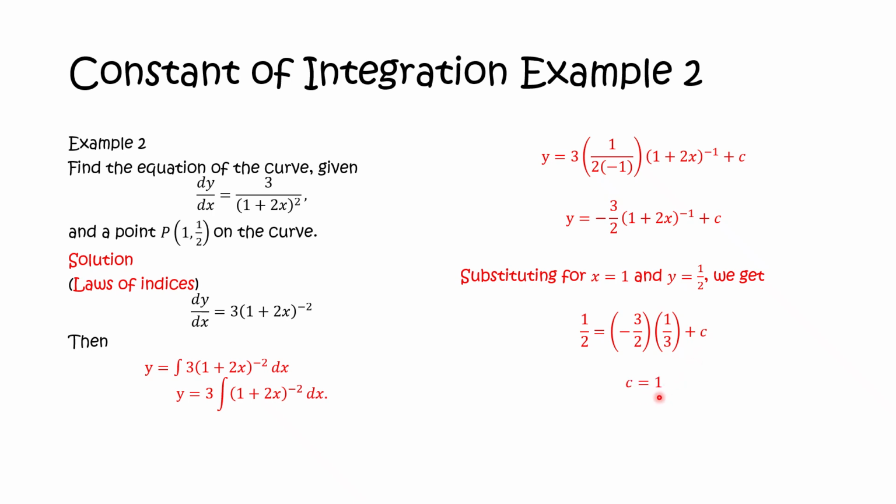As our c is equal to 1, we go back to substitute into our equation that had a c. This time, we are substituting with the 1 and expressing it as a fraction so that we get y is equal to minus 3 over 2(1 + 2x) plus 1 as our final answer.